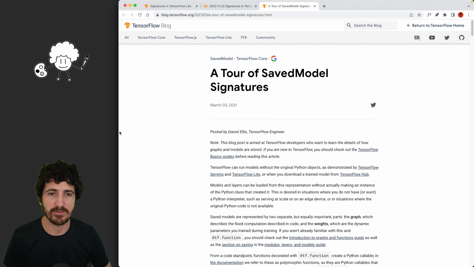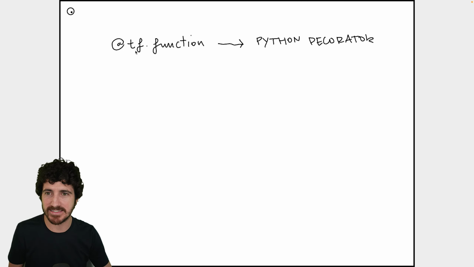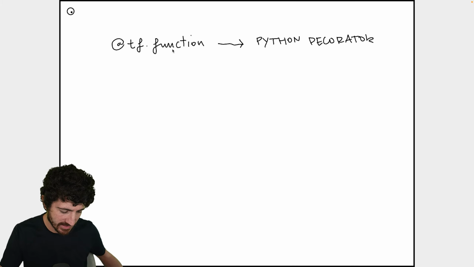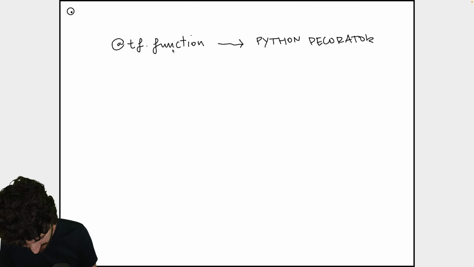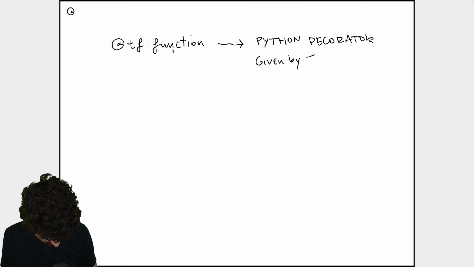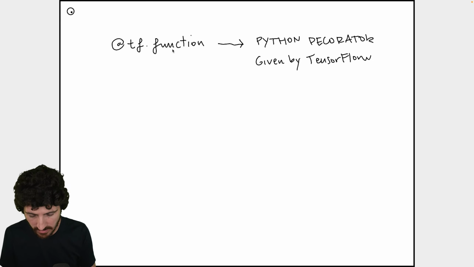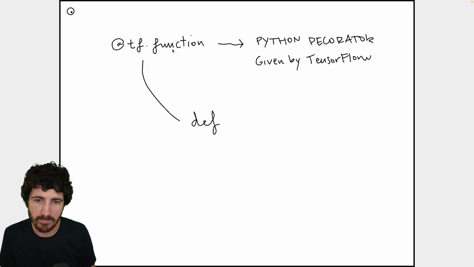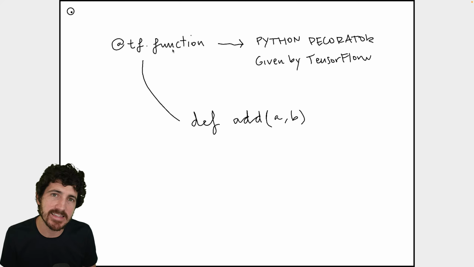So now we're back to signatures. I was explaining this TF function decorator, and I don't exactly know what it does. What I know is that it's given by TensorFlow, and if you have a Python function that does some computation, this decorator will make it faster.